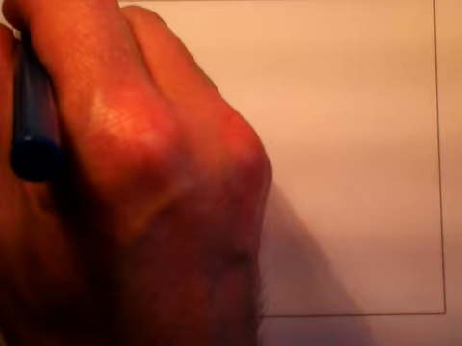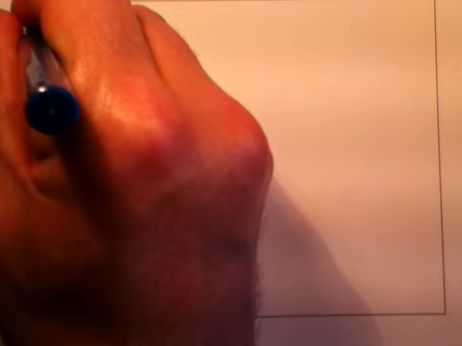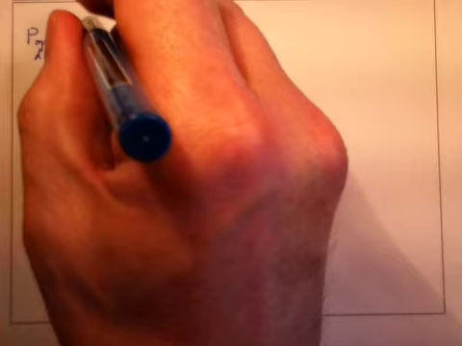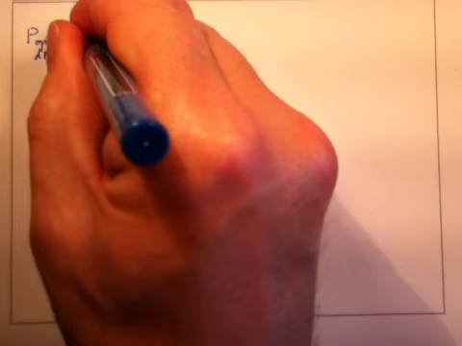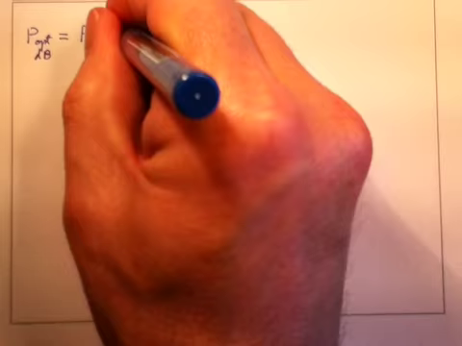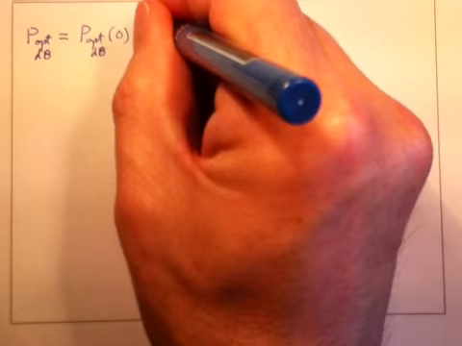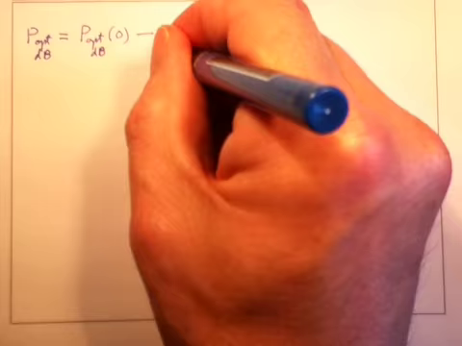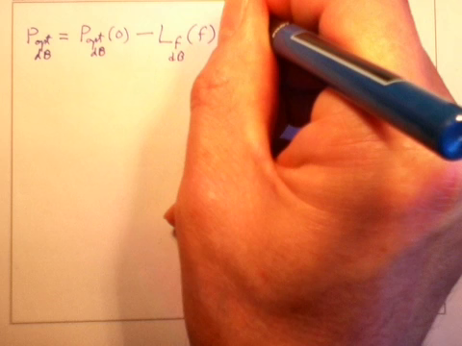First of all, though, I'm going to write that the optical power measured in dB can be written as the optical power in dB at zero frequency minus the frequency dependent loss in dB evaluated at frequency f.